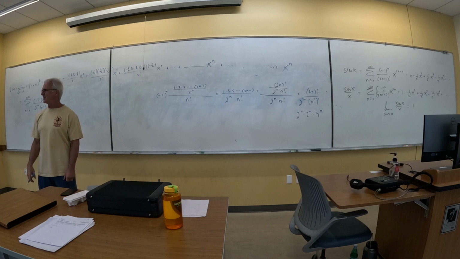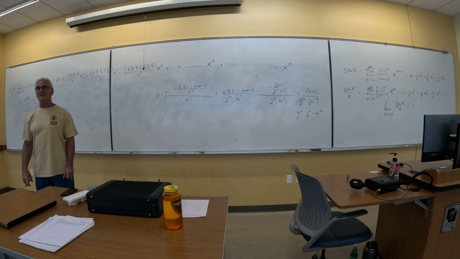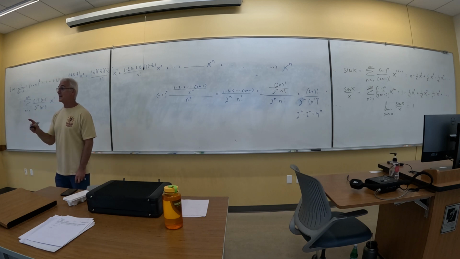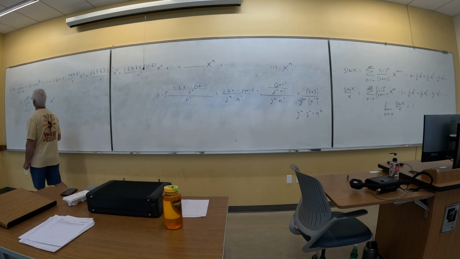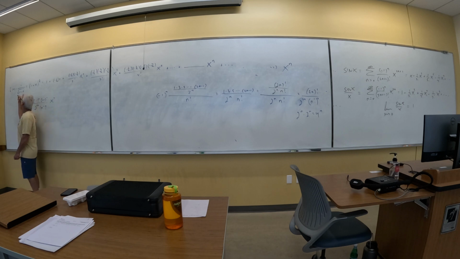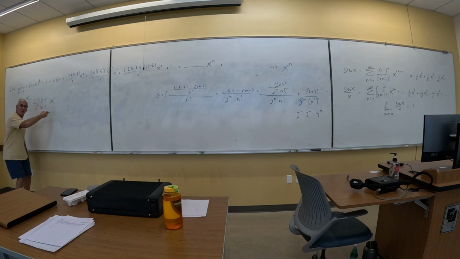Oh, but x is going to have to be between -1 and 1. Ah, now, what if x is a really small number? Then this quantity is very close to what? 1. Oh, and if x is really small, then these terms are probably getting really small really fast, and okay.